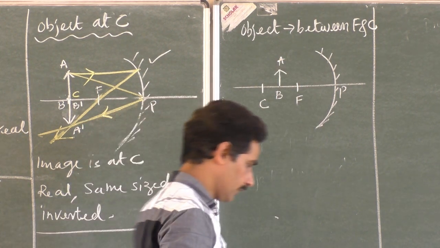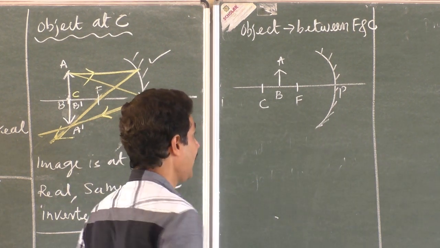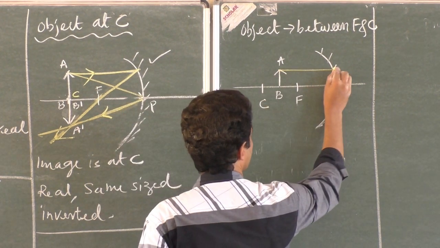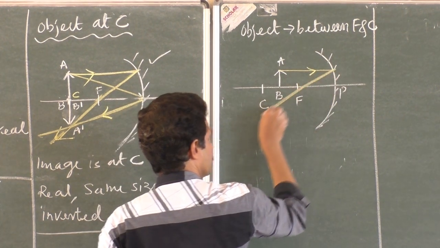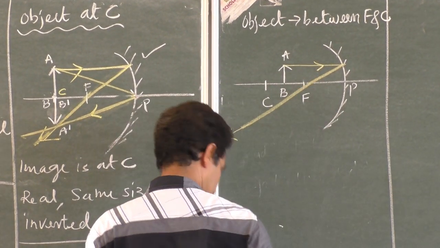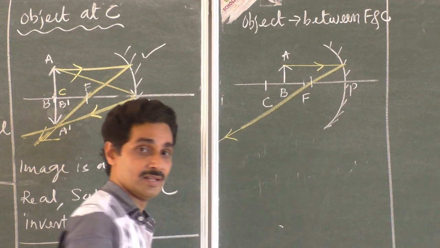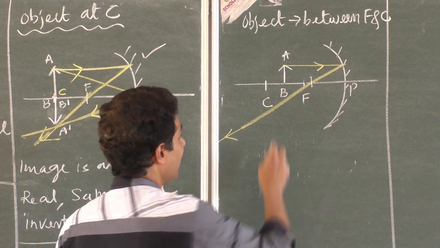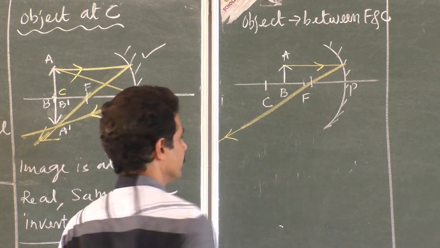Take a ray of light incident parallel to the principal axis, like this. After reflection, it passes through the focus. Instead of drawing such a long line, I will shift the focus; that is easier. So a ray of light incident parallel to the principal axis passes through the focus.